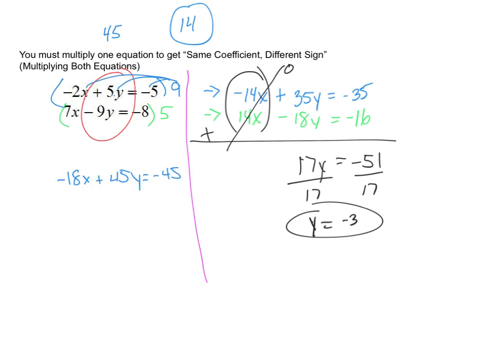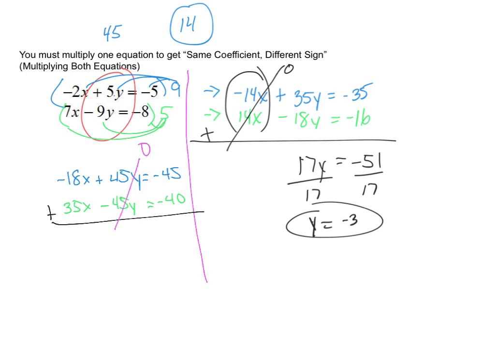Multiplying the first equation across by 9 is going to give me negative 18x plus 45y equal to negative 45. Multiplying the second equation by 5, this will give me 35x minus 45y equal to 40. And then I can just go ahead and add because now I have inverse operations.